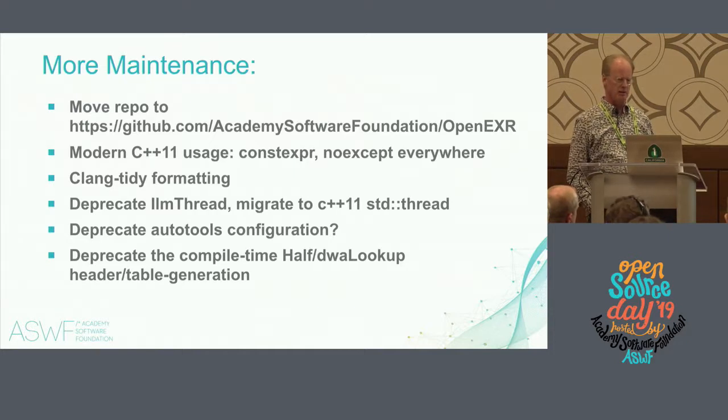The downside to that is kind of losing line by line history in the repo, but our sense is that past projects that have dealt with this have been thankful that they've done it after the fact. Another thing, we would like to eventually deprecate the use of IlmThread and migrate to C++11 threading.